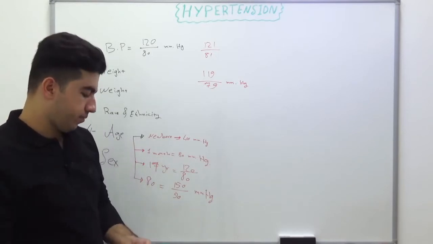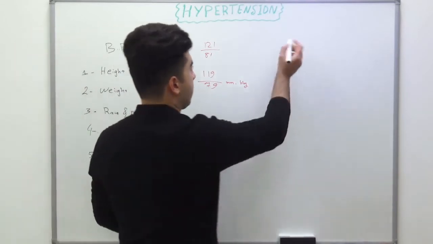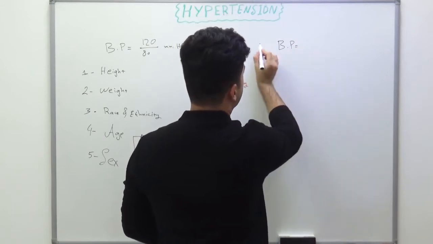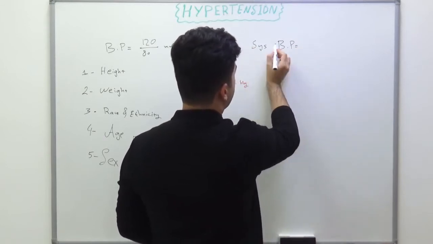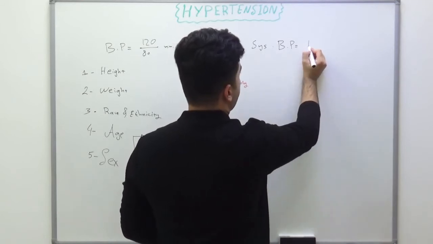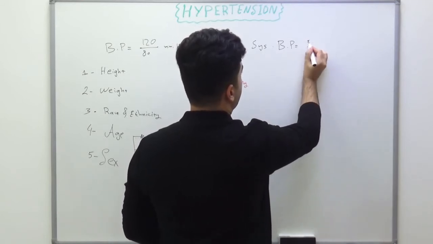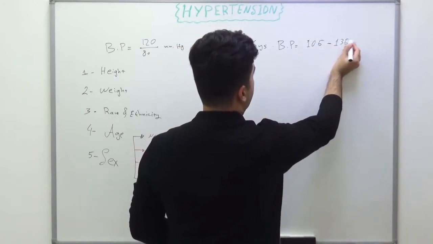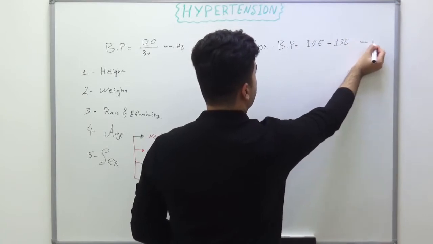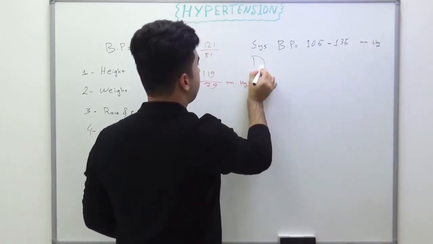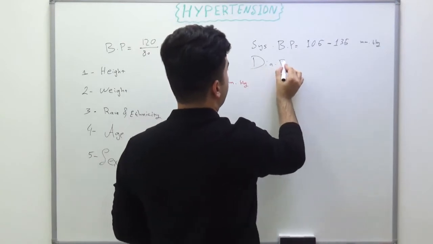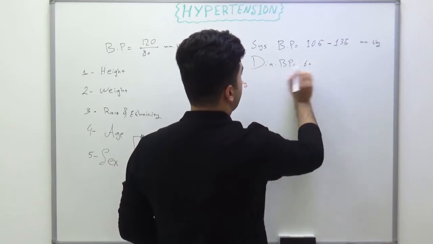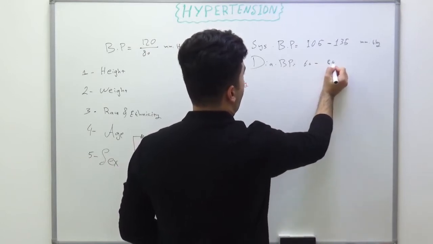So generally, the normal systolic blood pressure is somewhere between 115 to 135 plus millimeters of mercury, and the diastolic blood pressure is somewhere between 60 to 85.